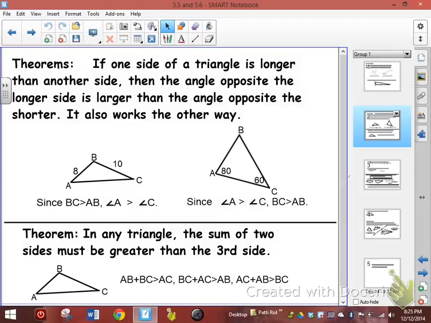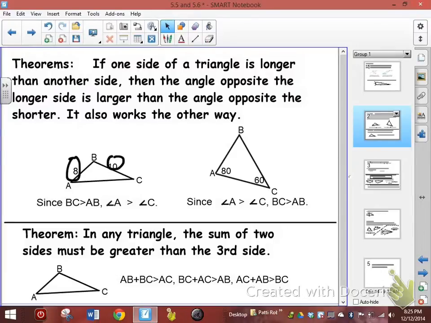Okay, the next example was actually a theorem. It deals with if you know two sides or two angles in a triangle. It's the same idea. If you look at the first picture, the 10 right here is bigger than the 8.